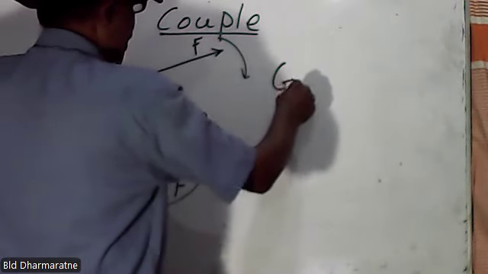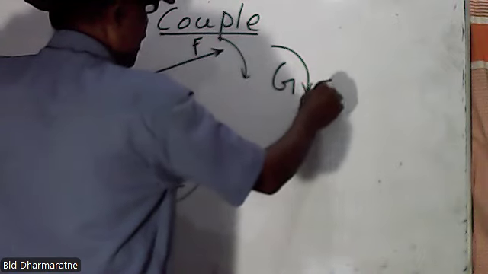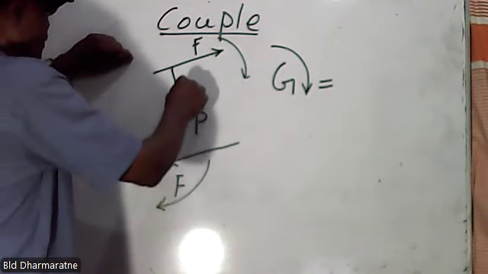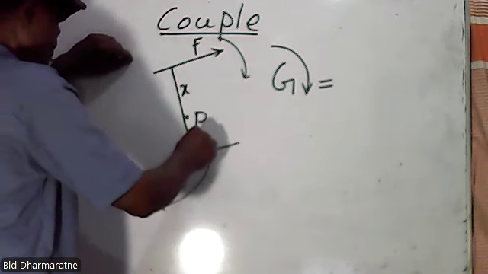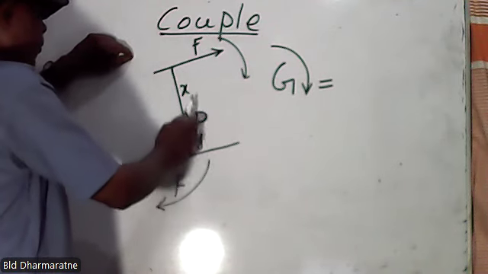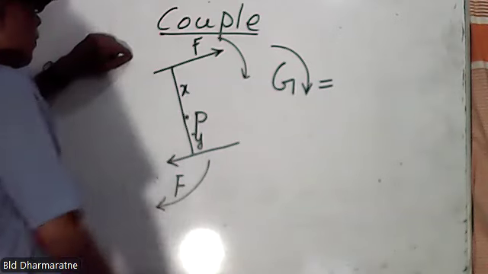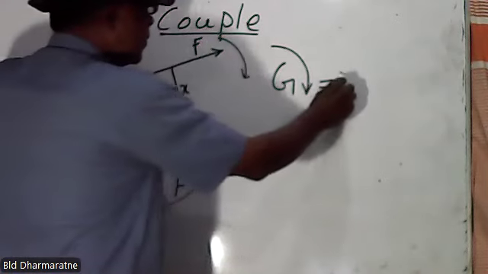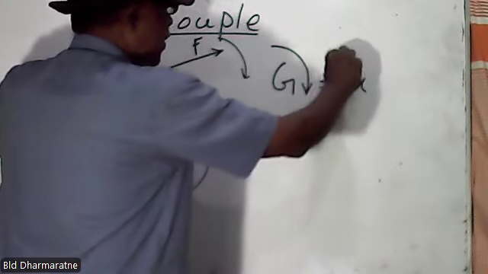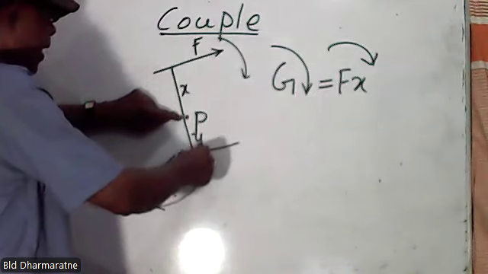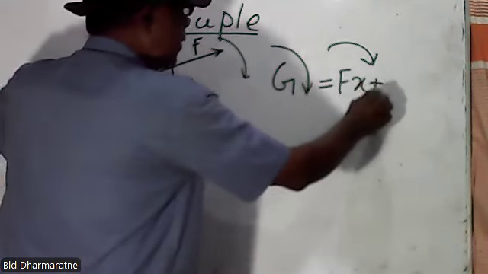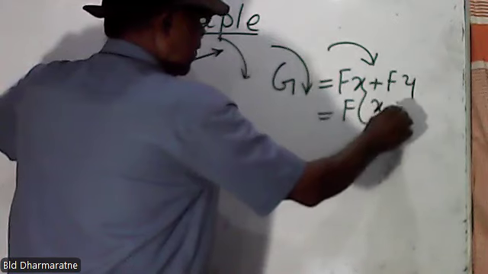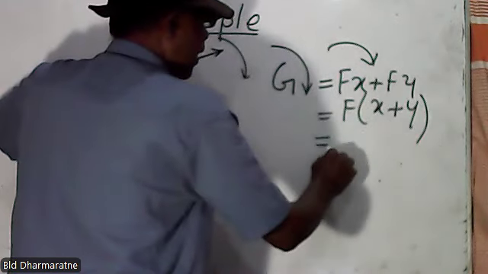The perpendicular distances from P to the two forces are X and Y. Then the moment about P is F into X, plus F into Y, equals F times (X plus Y), equals FD.